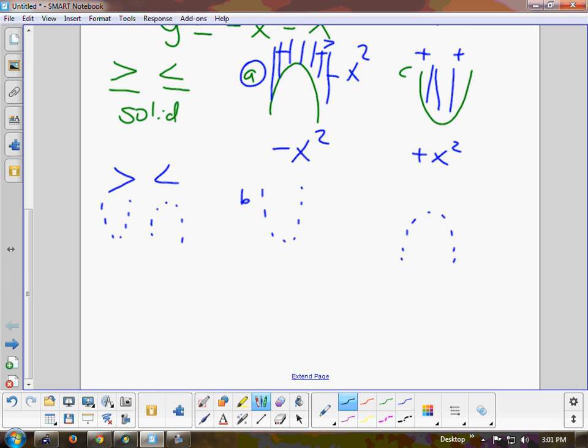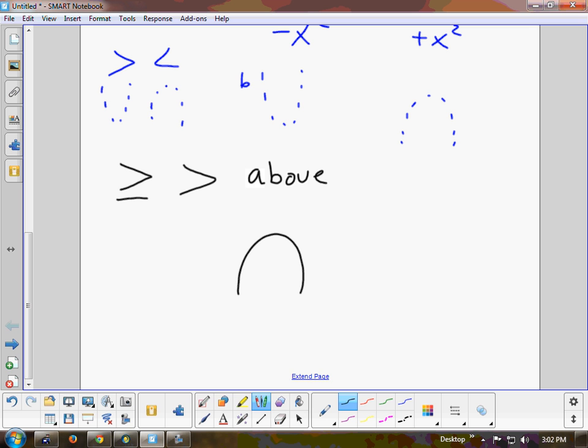Now, if you want to know the shading, for greater than or equal to or greater than, the shading is above the parabola. So for instance, if you have a frown face parabola, it's above this way. And if you have a happy face parabola, it's above this way. So it's above it. Okay, do we see those differences?